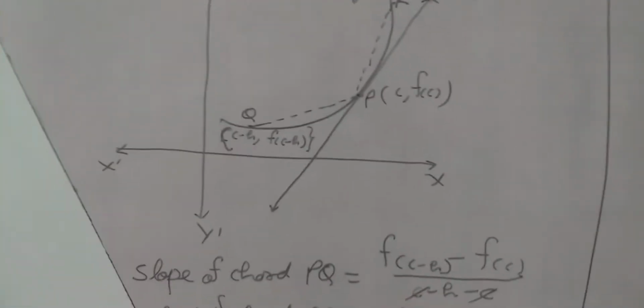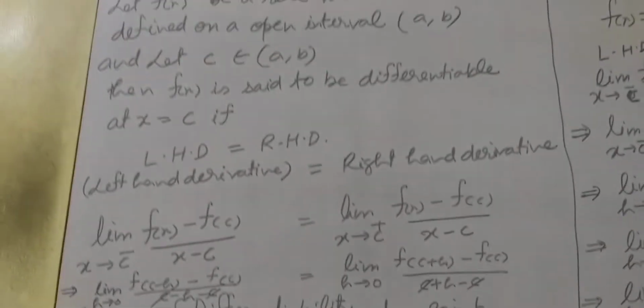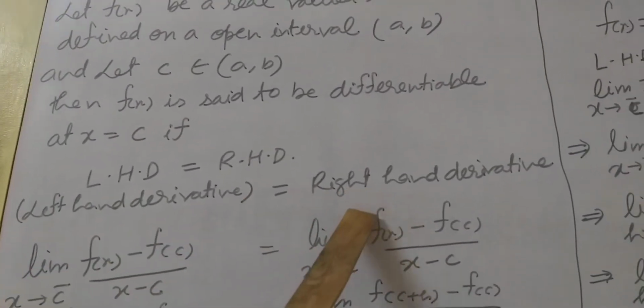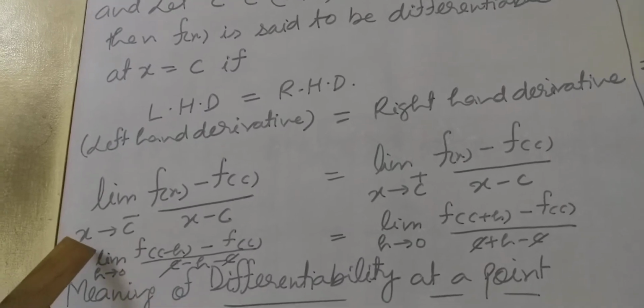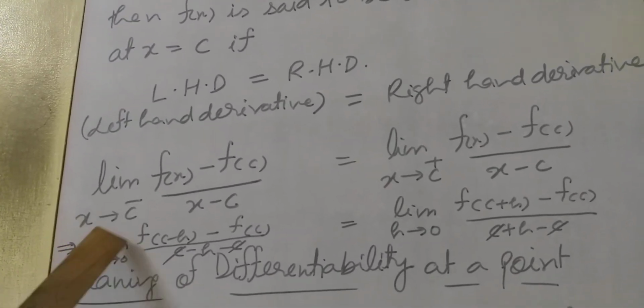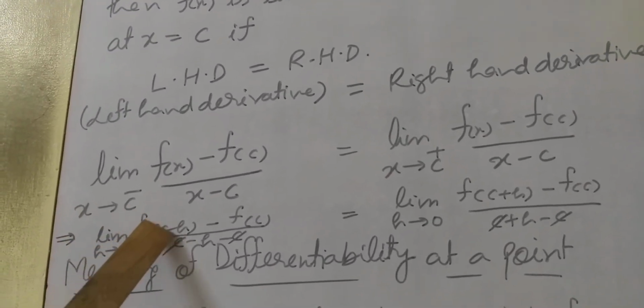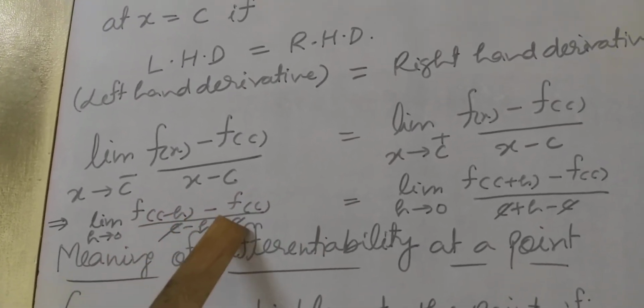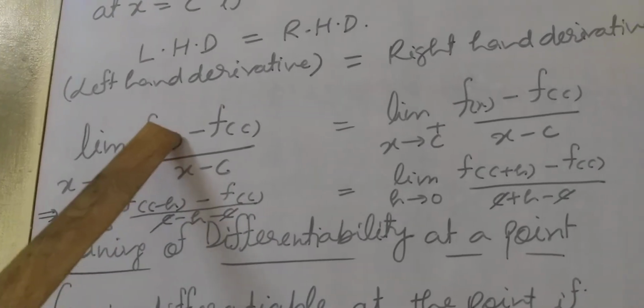Students, as you know, according to the definition, the left hand derivative equals the right hand derivative. So you can see here limit h tends to 0, f(c minus h) minus f(c) upon c minus h minus c. I have changed the limit here.